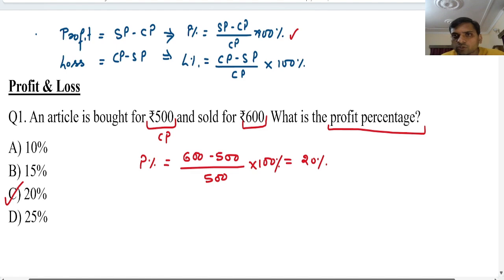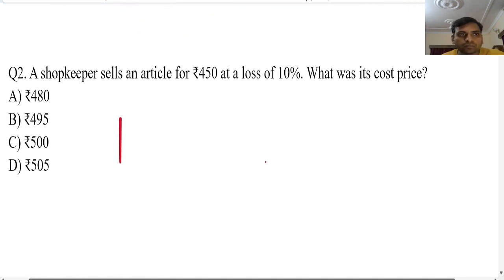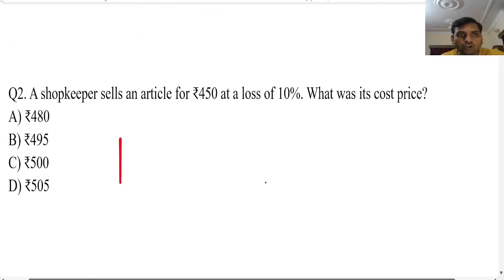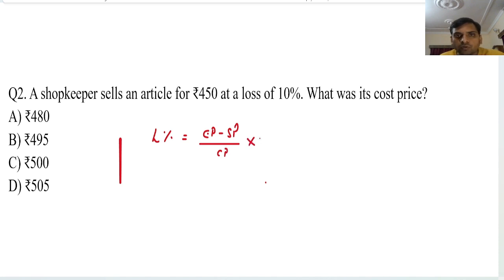Now the next question, question number 2. If a shopkeeper sells an article for 450 rupees at a loss of 10%, what is its cost price? So this is the case of loss, so we will use the formula for loss percent. Loss percent equals CP minus SP upon CP into 100%.